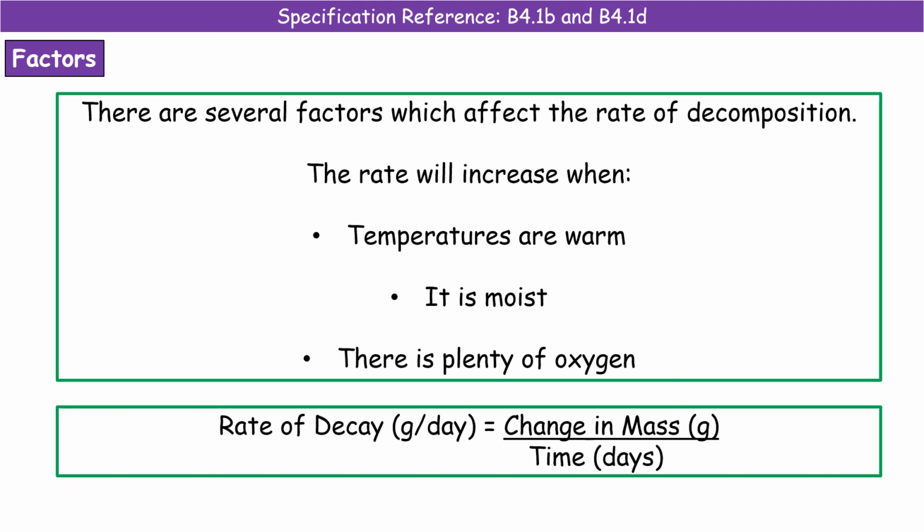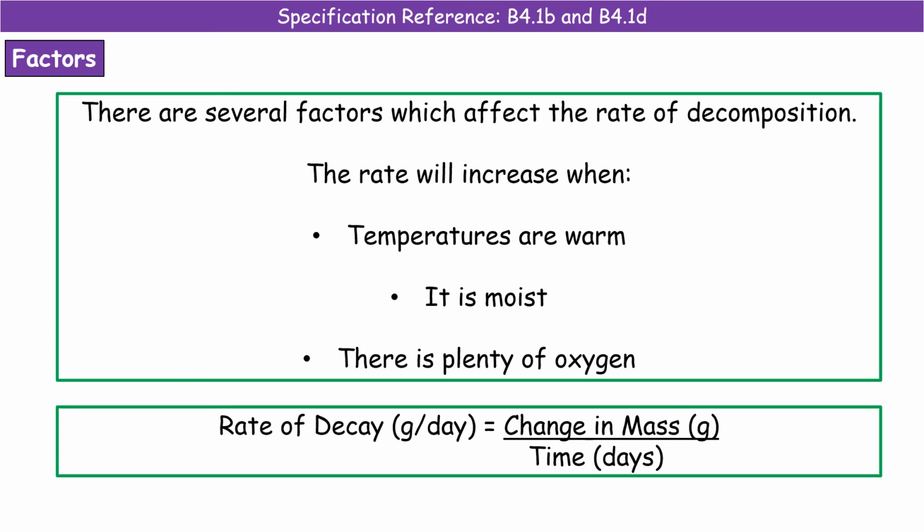If they're asking you to consider investigations into decomposition, then think about your types of variable. Your independent variable, the thing you are changing. Dependent variable, the thing you're measuring. In this case, most likely a change in mass. Your control variables, anything you want to keep the same.